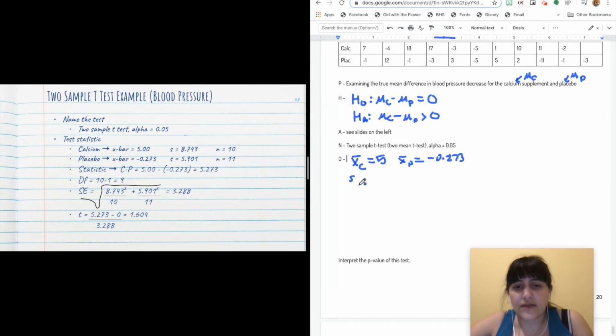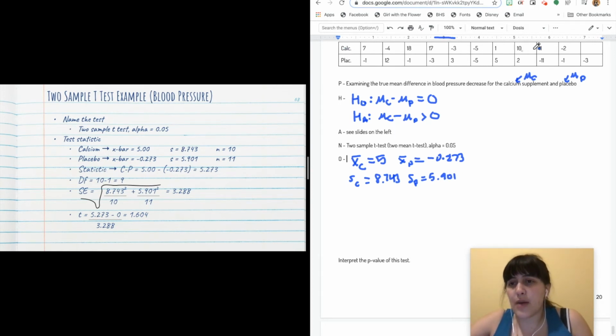Standard deviation for calcium was 8.743. And my standard deviation for the placebo group was 5.901.